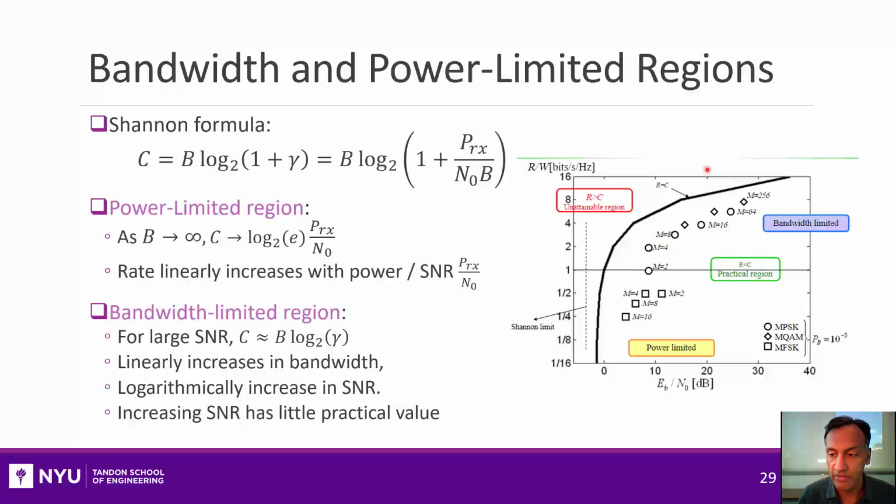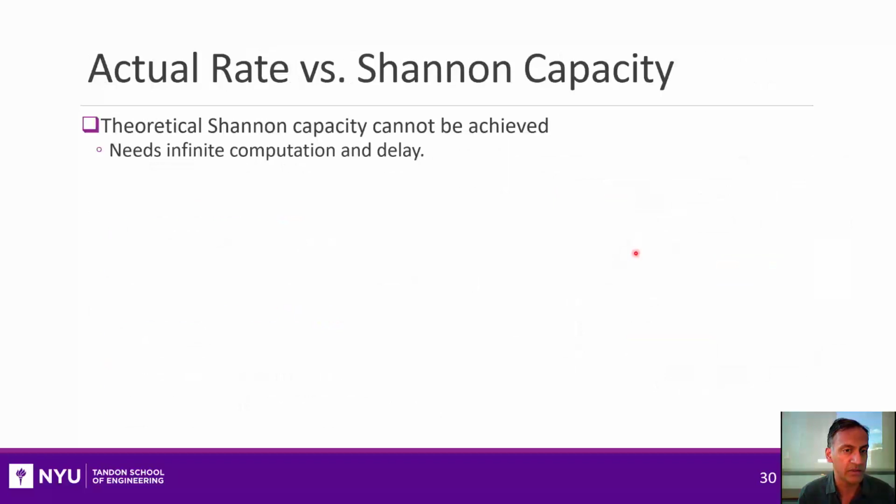So this would be this regime here. This will typically correspond in practical systems to transmitting at higher modulation and coding schemes. Also shown on this graph are typical simple uncoded systems of different modulation orders. You can see they're several dB away from the capacity limit.